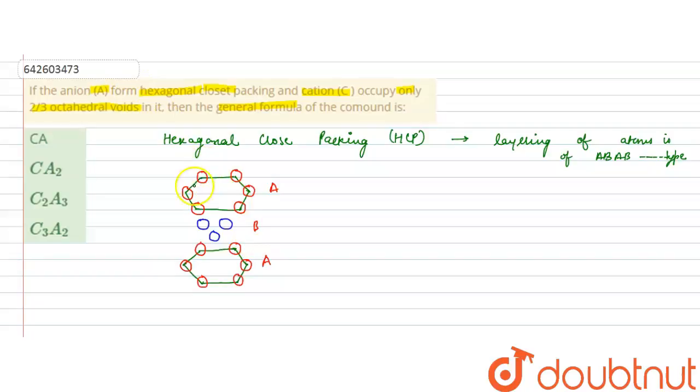So this is a unit cell of HCP packing, hexagonal closed packing, in which atoms are present at the corners, and atoms are also present at the face centers.